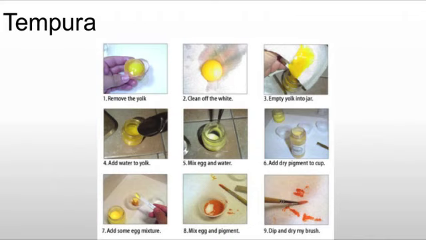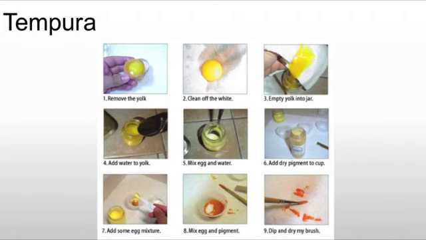Then we have tempera. Tempera is not the stuff that you used in preschool or grade school. That is some abomination that I don't understand. This tempera is an egg-based paint. So you're going to use egg, honey, and water and mix that with pigment to create a paint. The egg is necessary because it again binds the pigment to the surface that you're working on.